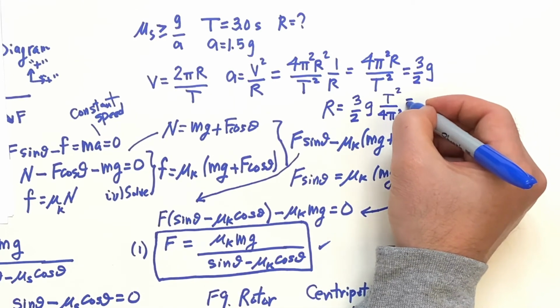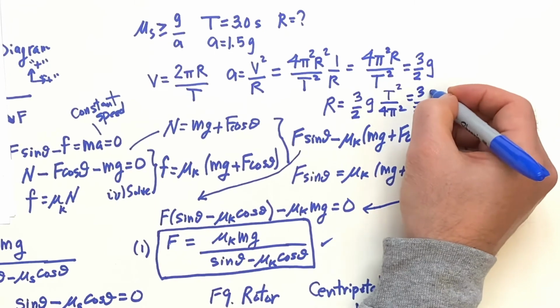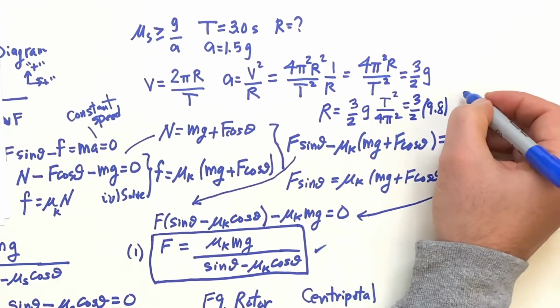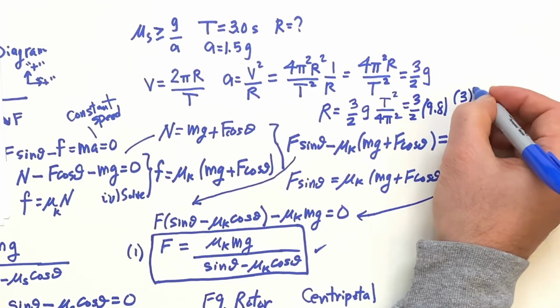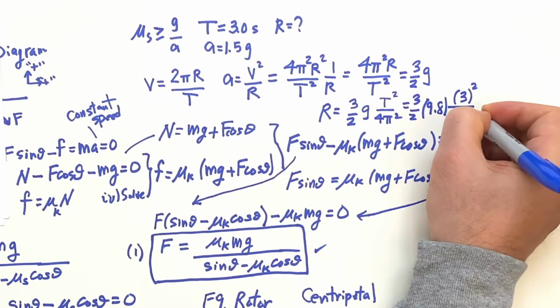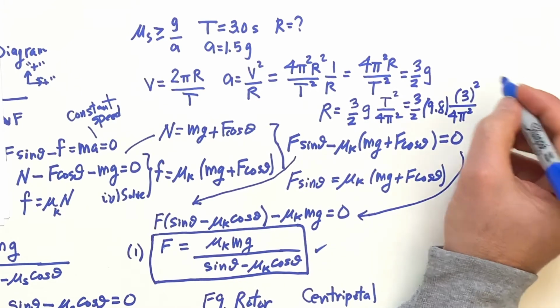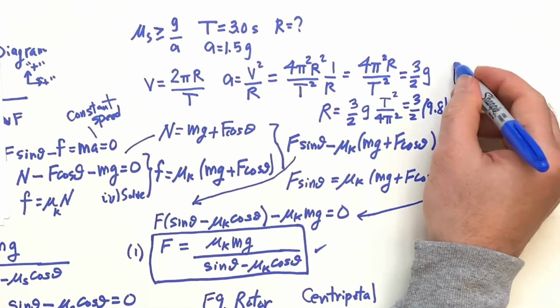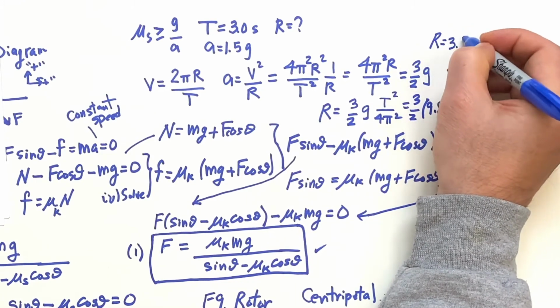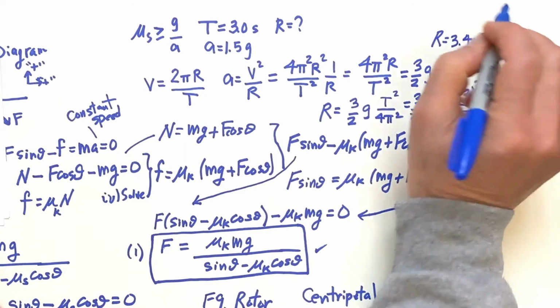So when I plug this in, I have 3/2, I have 9.8, I have 3 seconds, and then I have 4 times pi squared. So when you do that, you get, for the r, you get 3.4 meters, all right?